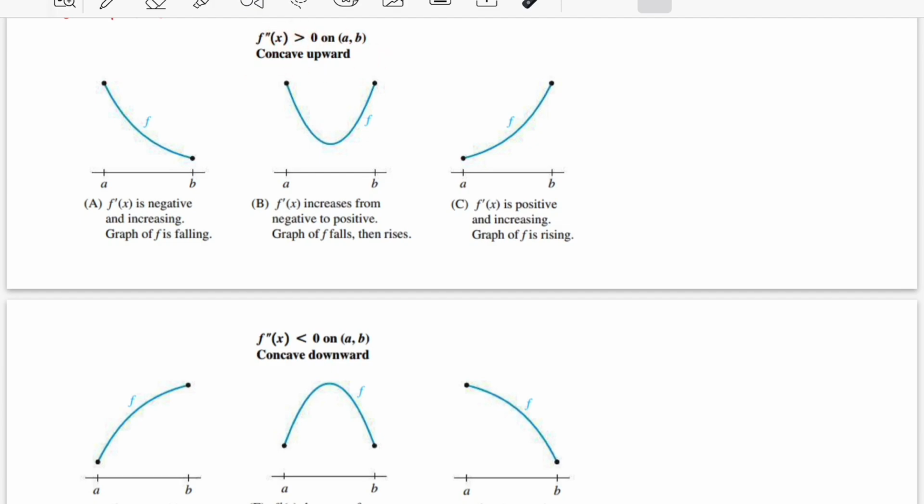Here our second derivative is greater than 0 on this interval. In this case, our derivative is negative and increasing. In this case, our derivative is increasing from negative to positive, and it falls and then rises, and so on. So you can look at all of these cases when we have a concavity that's upward and then downward.